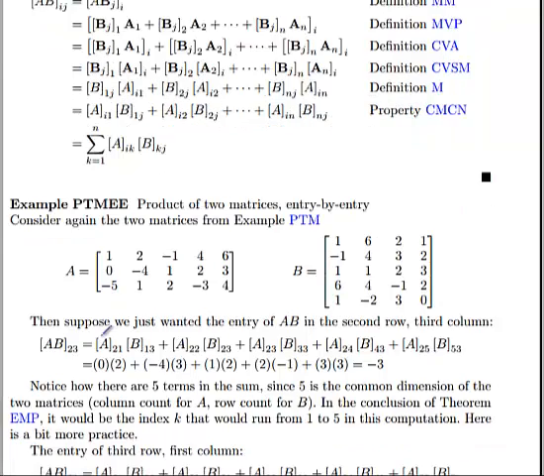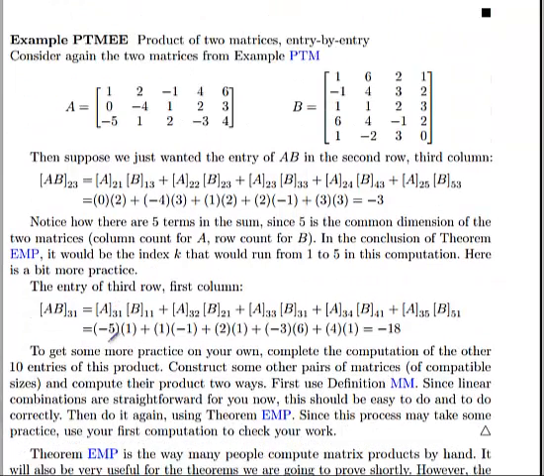But let's just go ahead and do an example. All right, so here's A and B. A is a 3 by 5 matrix. And B is a 5 by 4 matrix. Okay, like before. So our result should be 3 by 4. Now, let's suppose we want the 2, 3 entry of the result. We want just the 2, 3 entry. That's the second row and the third column.